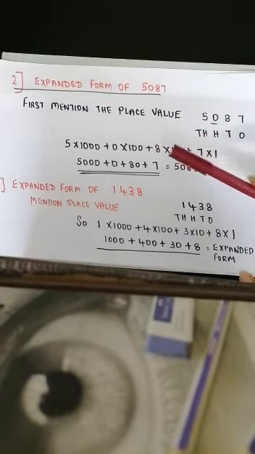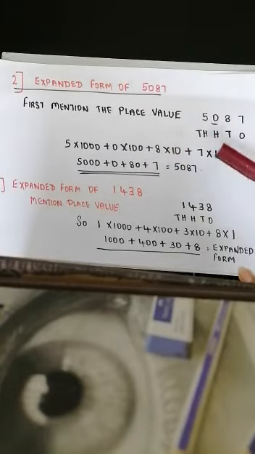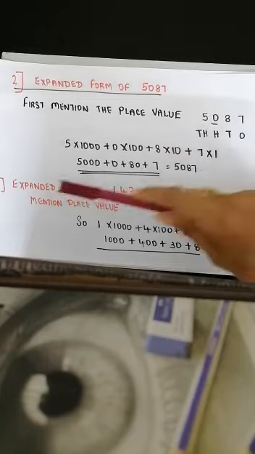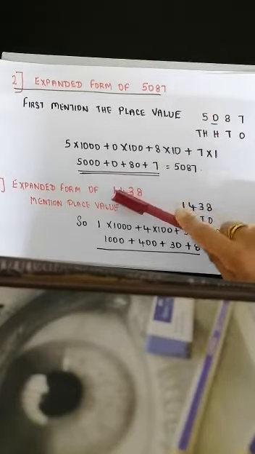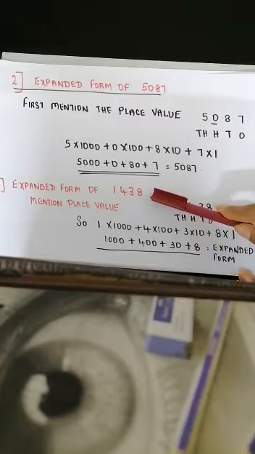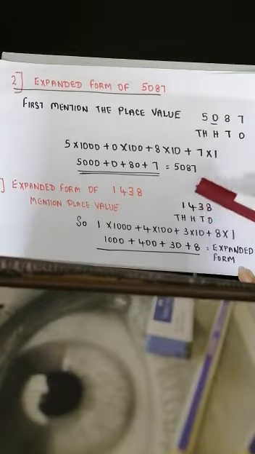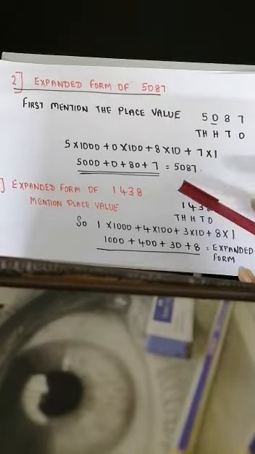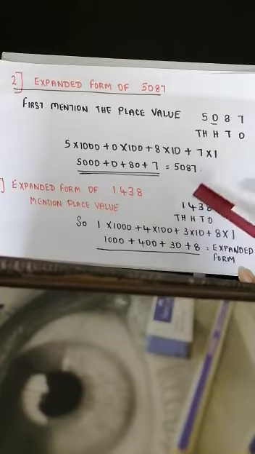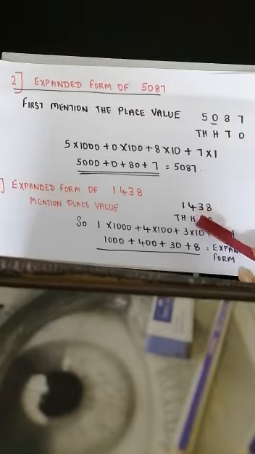One more example. We will consider one more example so that the students will have a clear idea about the expanded form. Expanded form of 1438. First mention the place value. 8 is in ones place, 3 is in tens place, 4 is in hundred place, 1 is in thousand place, and expand it. 1 into 1000 plus 4 into 100 plus 3 into 10 plus 8 into 1.